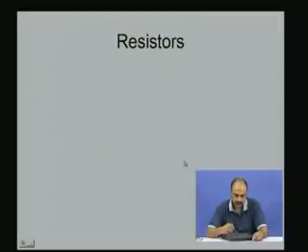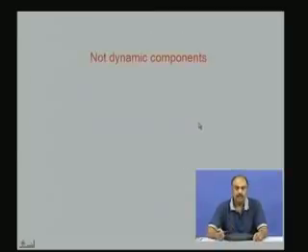So, now let us look at these primary components one by one. The resistors first. What are these resistors? What are the features of these resistors? First of all, it is a non-dynamic, or not a dynamic, component. What does this mean? It means that it is an algebraic component.